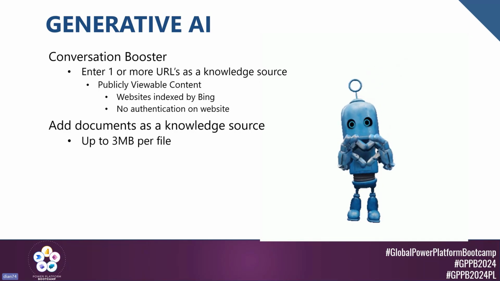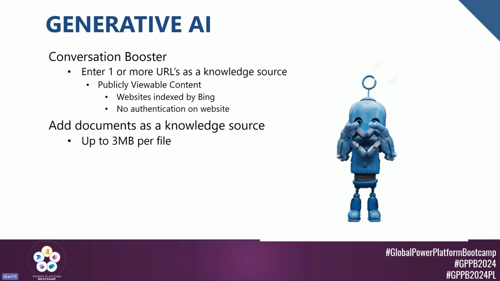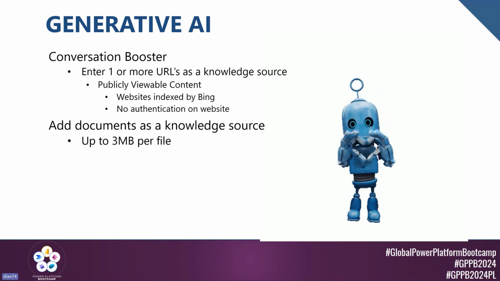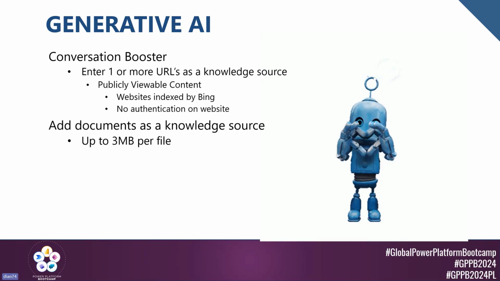It allows Copilot to use the content from those sources to generate answers to questions without the need to create topics. You're going to ask, what's a topic? We're going to get into that, but topics are something you have to manually configure. Somebody asks a question, and you configure what the bot is going to do. So obviously this is going to be a lot faster.